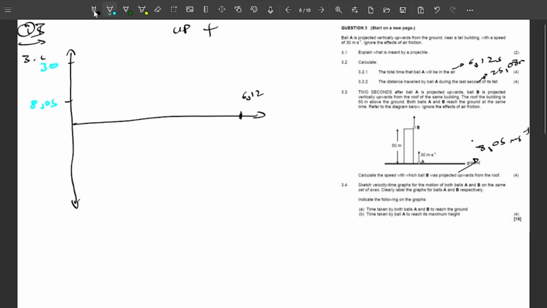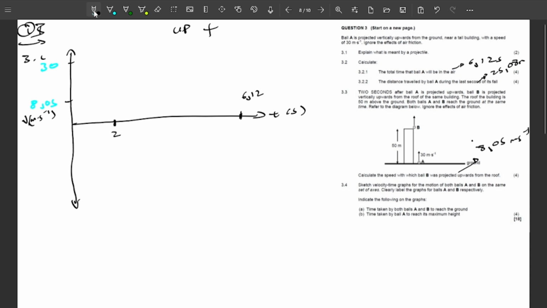Please also indicate on the side that this is the velocity time graph, with V in meters per second and T in seconds, because it's important so that they can know what you're doing. Then what else are we missing? We are missing the time. They said it started 2 seconds later, so you can just put the 2 seconds here. Now you can start to draw your graph.